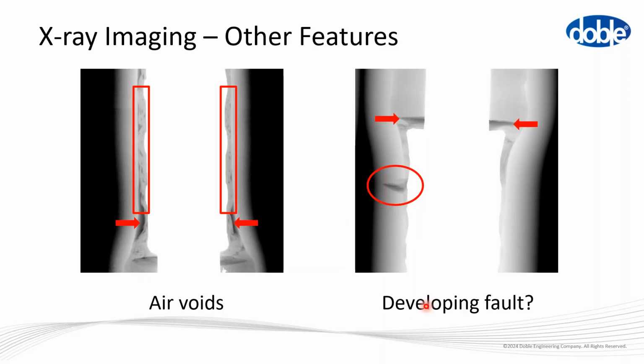But as we also look into these images, and remember that we have 6 joints in total, 3 from the failed circuit and 3 from the healthy circuit, we can see some other features. These dark areas are air voids. So in an X-ray, black means lower density.